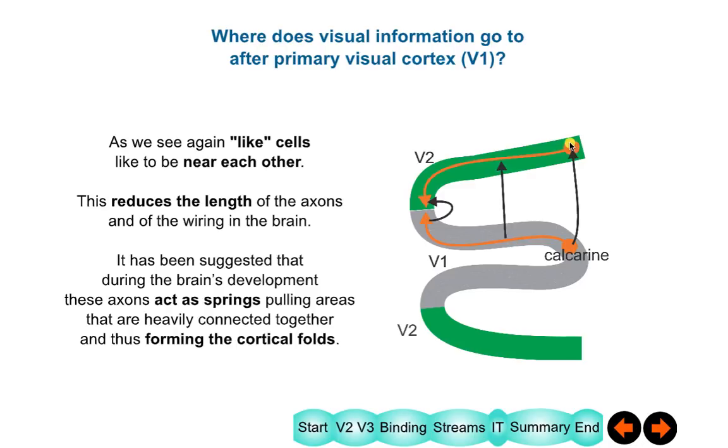It connects to a neuron here that's representing the tail here. And this axon pulls these two edges together. Similarly, this pulls here, and in that way, you reduce the length of all the axons by having that fold at that position.